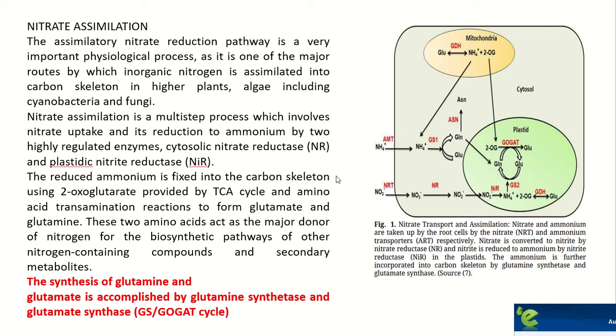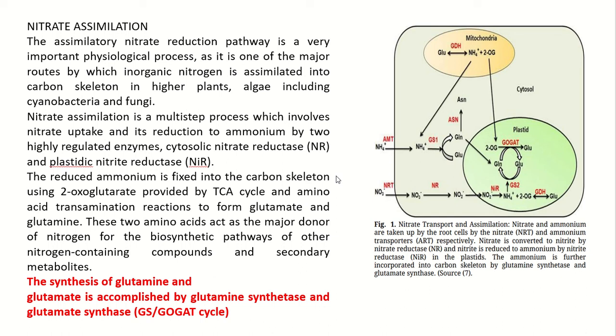Glutamate means glutamic acid, which is an acidic amino acid; glutamine is basic. These two amino acids act as major donors of nitrogen for the biosynthetic pathways of other nitrogen-containing compounds and secondary metabolites too.